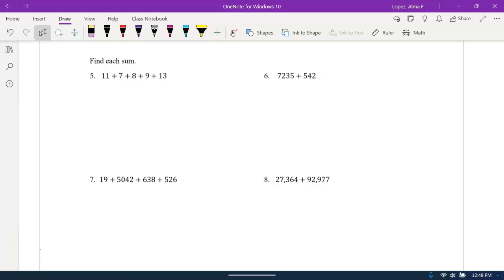For instance, here, let's add these numbers together. We're going to group a few of them because if we go from left to right, we can do 11 plus 7 is 18, and then 18 plus 8, and so forth. But wouldn't it be nicer if we had just 3 numbers to add together? So that's what we're going to do.